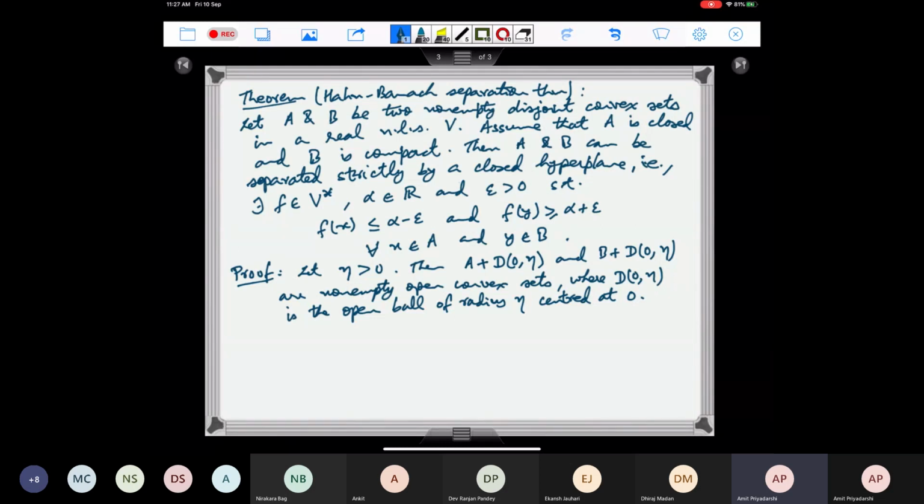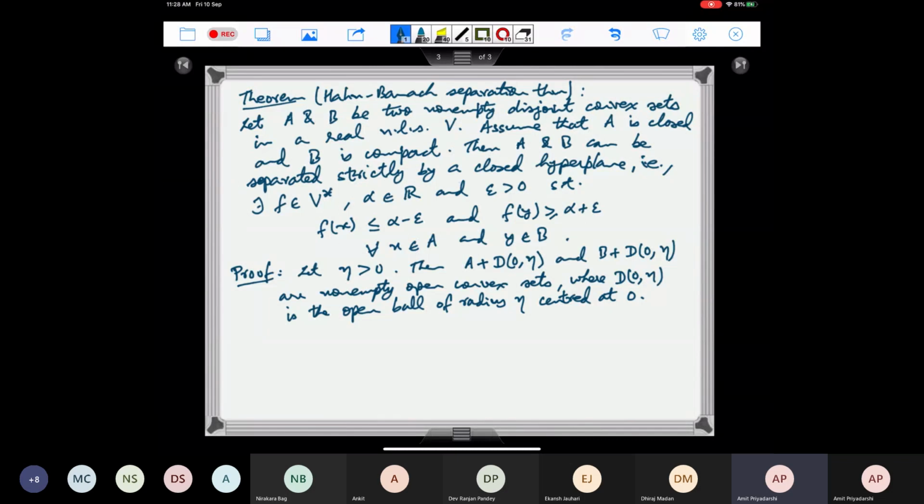Why are they open? We can consider A plus D0 eta as the union over x in A of D(x, eta), which by definition is open. This is exactly like what we did in the previous one: if one of them is open and you add another set, then it will be open.